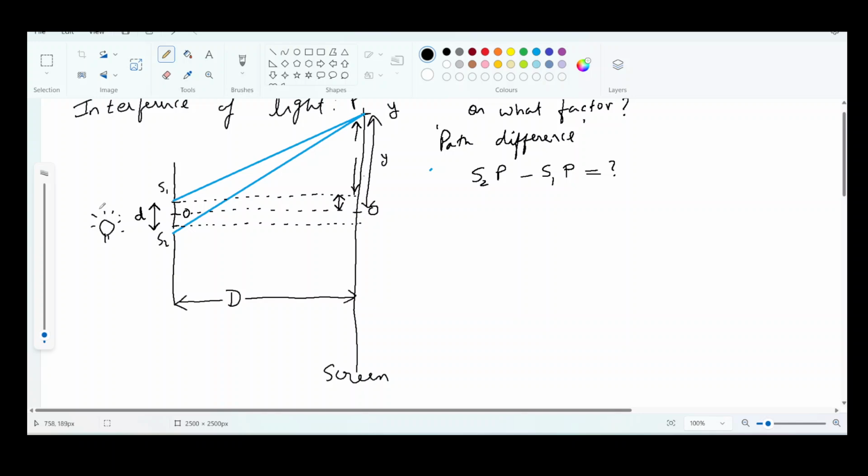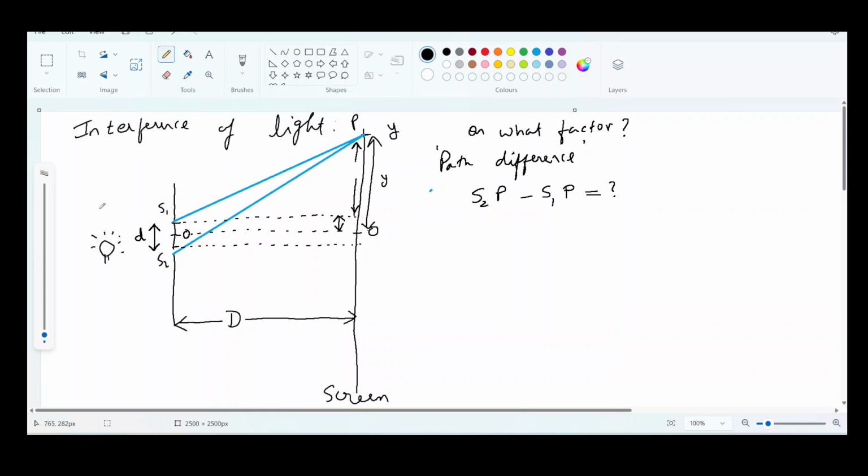Okay, because from here to here, OP is y, and I want this distance over here. So this distance is y minus this small length, and this small length is nothing but d by 2. So this will be y minus d by 2. Okay.